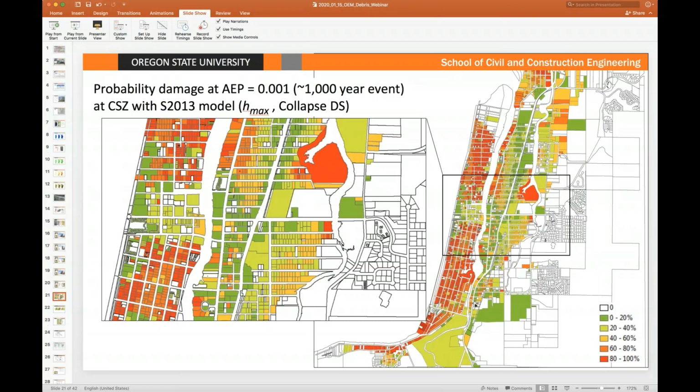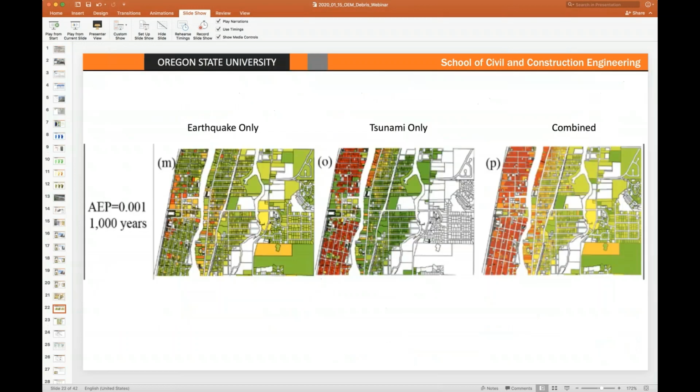And this is a map with a little bit of detail with the central economic zone shown in a much lighter color, green and light green, indicating these have a much lower probability of collapse, and then the wood frame buildings are much more susceptible to the tsunami, and so they would be 60 to 100% probability.